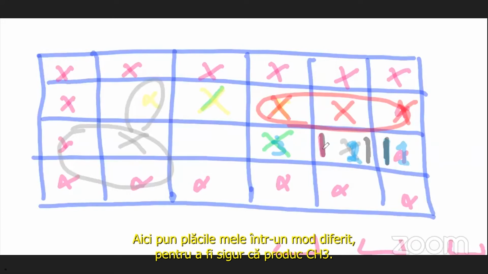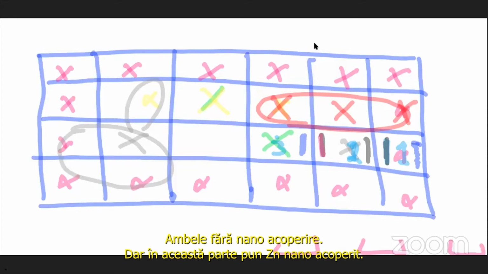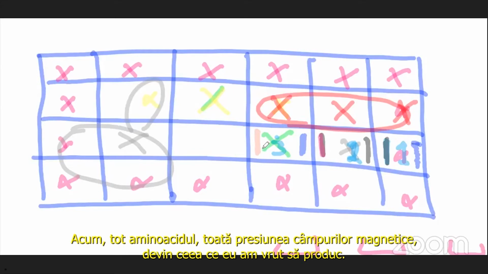Here I put my mesh in a different way to make sure I produce CH3. Here I have a zinc, so I keep a zinc next to the zinc, both non-nano-coated, but on this side I put a nano-coated zinc. Now all the amino acids, all the magnetic field pressures become what I want to produce.